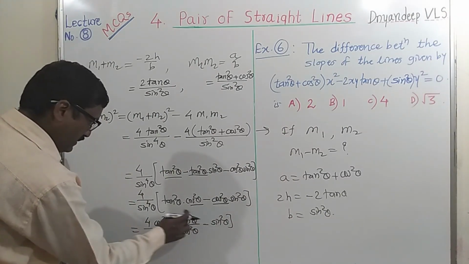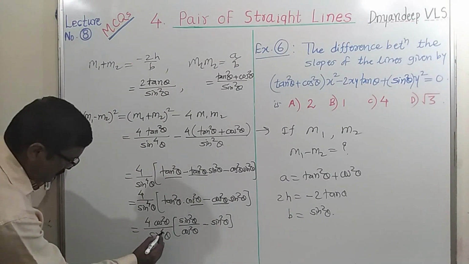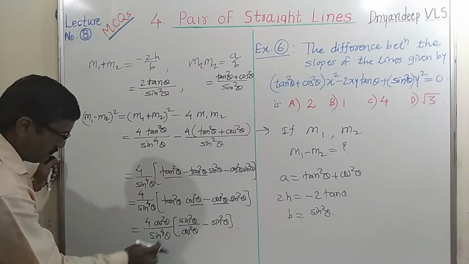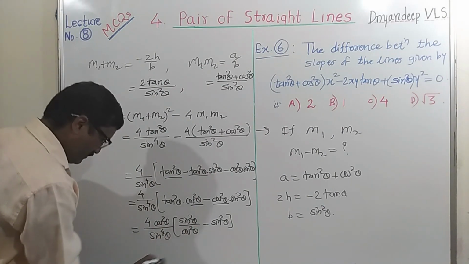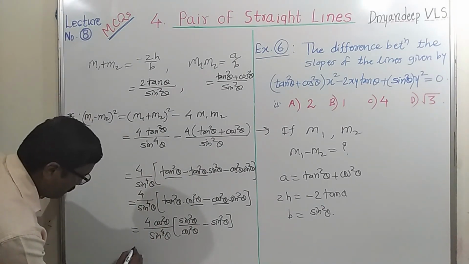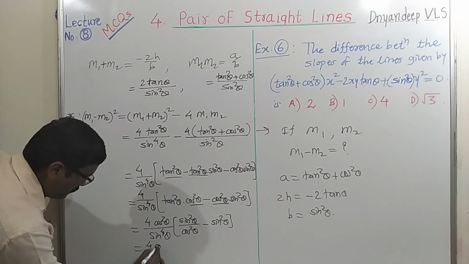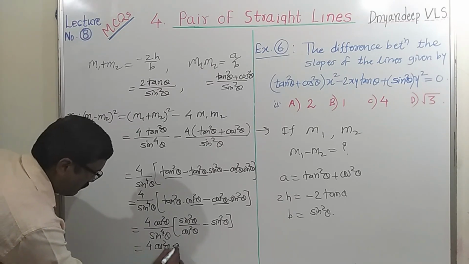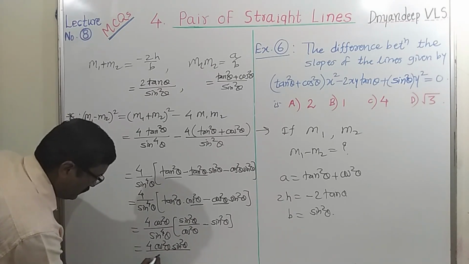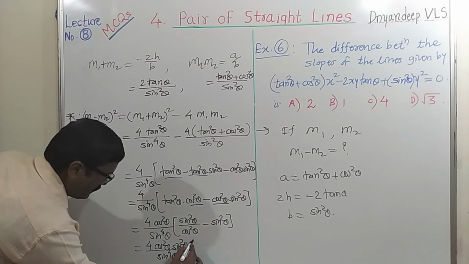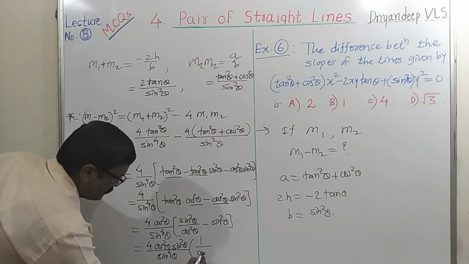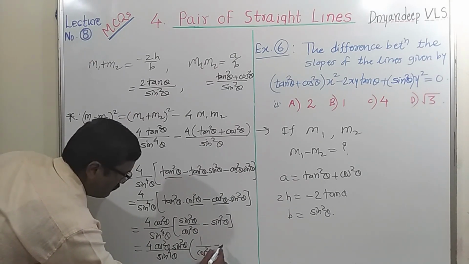Once again taking sin^2 common, and this sin^4, one sin^2 will cancel, here in bracket 1, so that we get 4 cos^2 theta into sin^2 theta upon sin^4 theta in bracket 1 upon cos^2 theta minus 1.